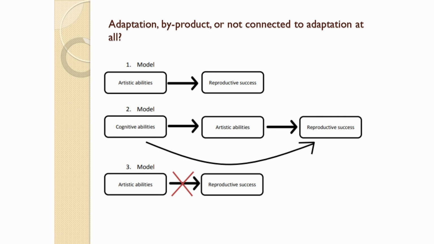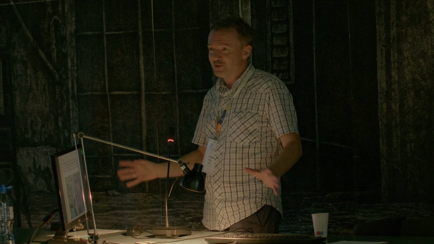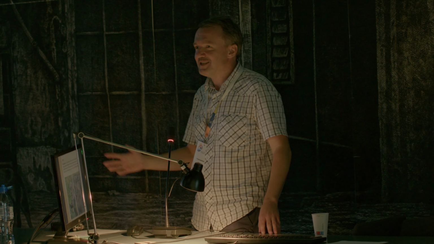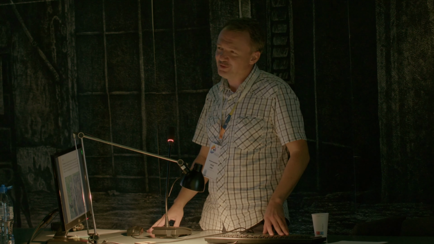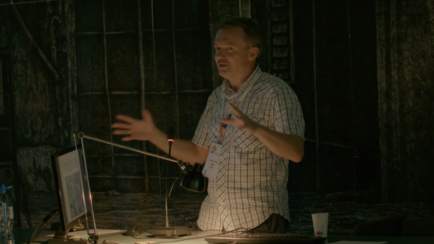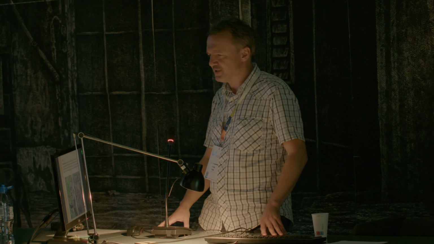And no connection between artistic abilities and reproductive success. Sounds quite reductionist to my mind, but well, that is the question of the title of my talk: can we say that some evolutionary aesthetics claims are empirically testable?